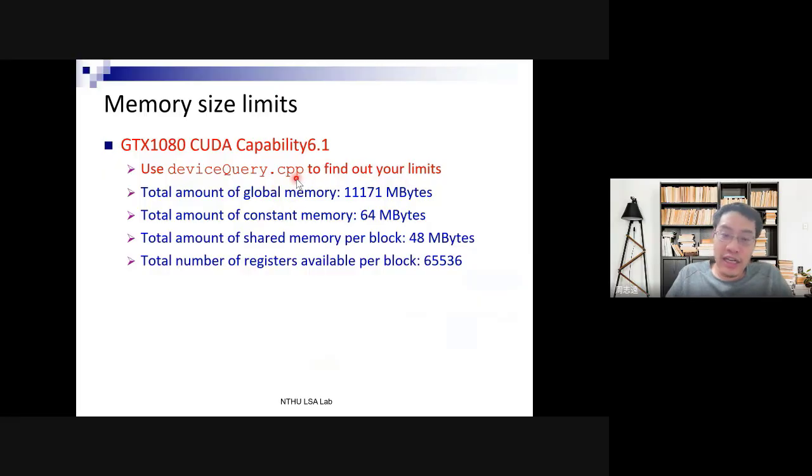But today, the latest models do provide cache for global memory, but you might still pay a higher price for that. So that's why we usually use constant memory as an optimization for storing read-only data.